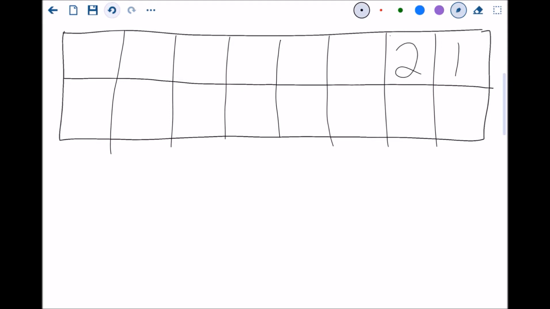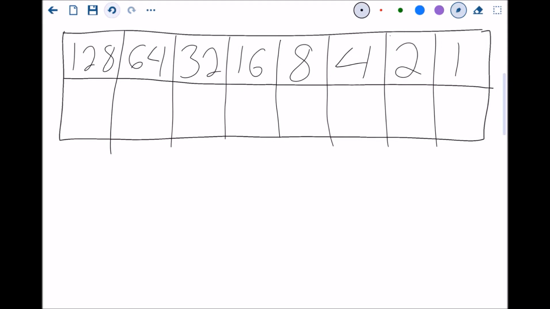So that would be a 2. And then you just repeat that process. So double 2 is 4. So you put that here. And then double that and move to the left. And that's 8. And here's 16, 32, 64, and finally 128. So that's the basic chart that you want to start out with when you're going to convert a binary number to decimal.